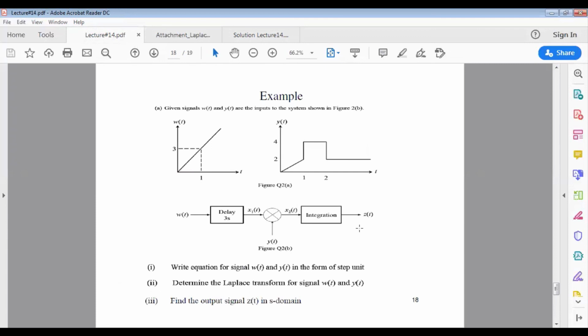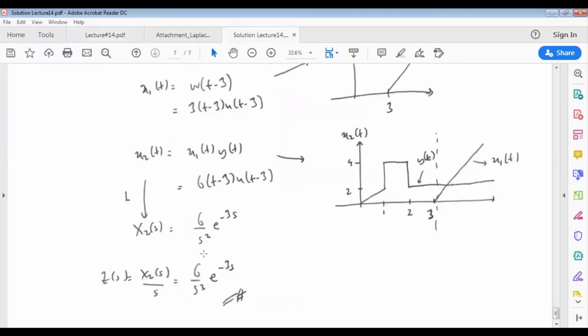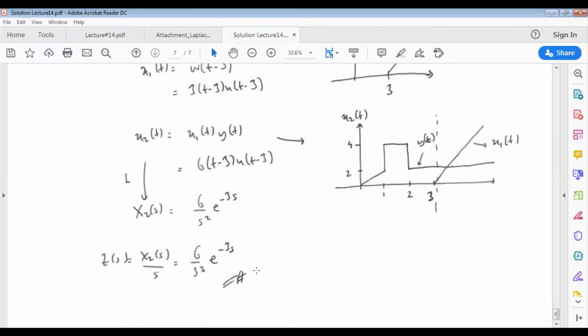Basically Z(s) will be X2(s) divided by s, based on the properties of integration. Please refer back to the integration properties so that you can understand why we calculate Z(s) to be X2(s) over s. So Z(s) is simply 6 over s to the power of 3 exponential of negative 3s.